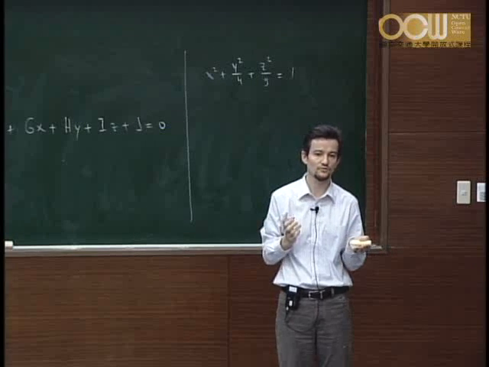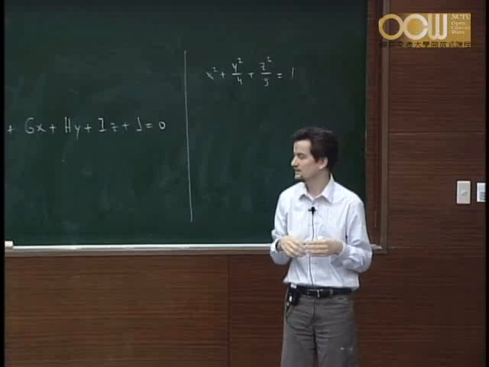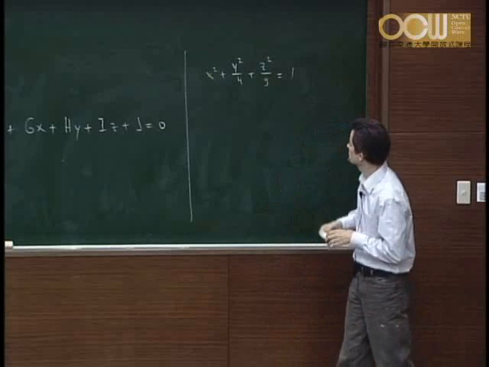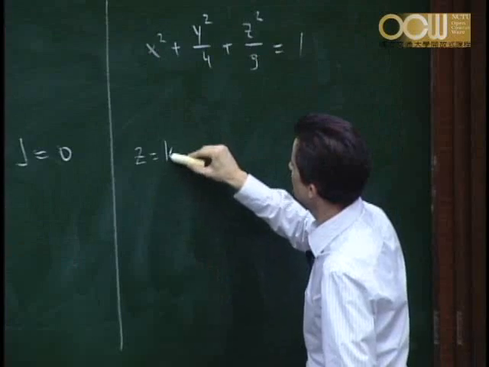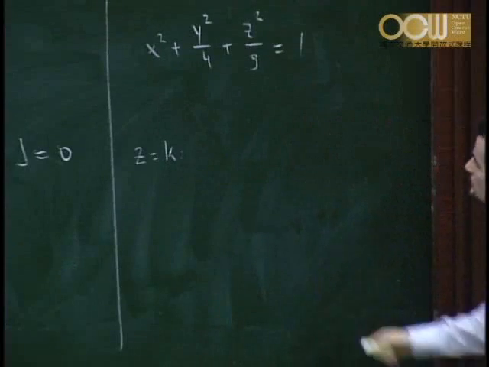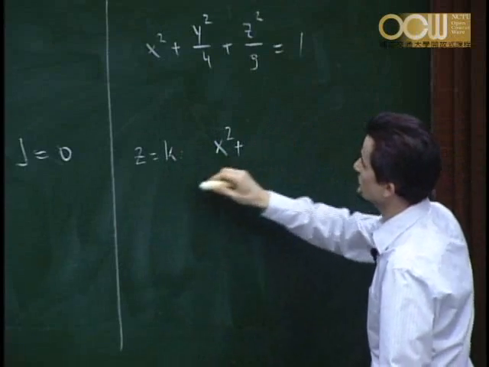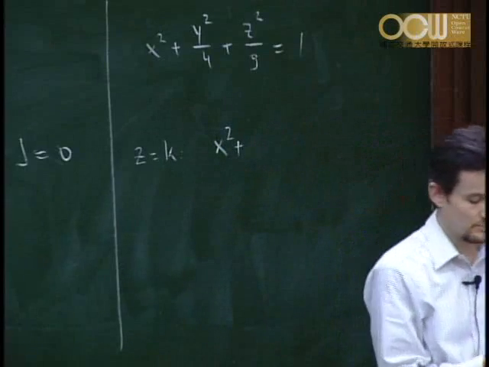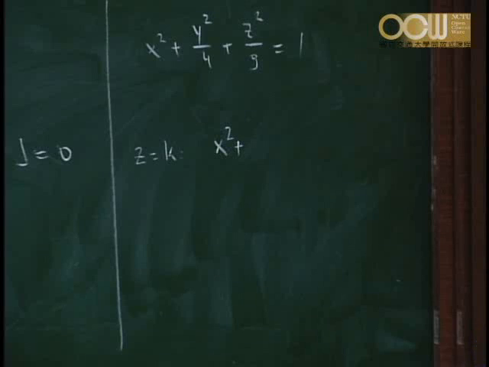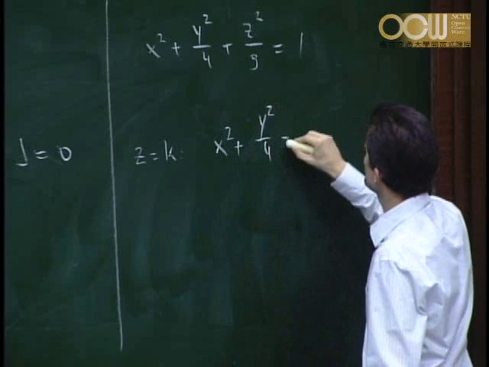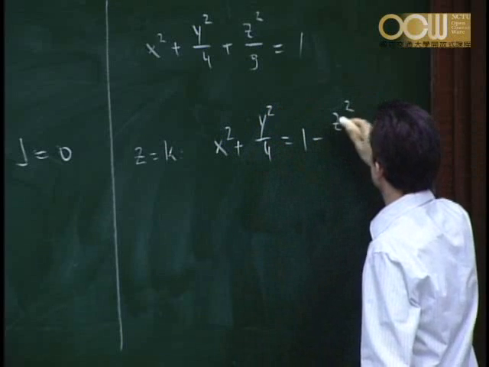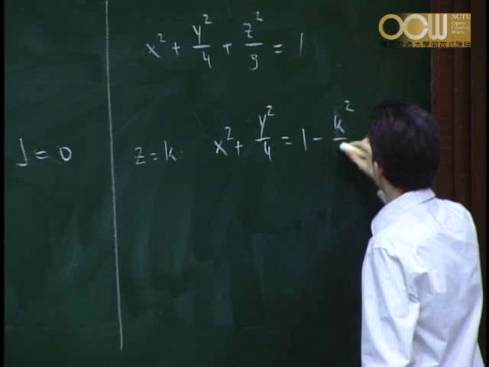Sometimes this is successful, sometimes not, because sometimes the equation is much too complicated. Here, of course, it's simple. If you fix z equal to k, which means we slice with a plane parallel to the xy plane, then we get x squared plus y squared over 4 is equal to 1 minus k squared over 9.